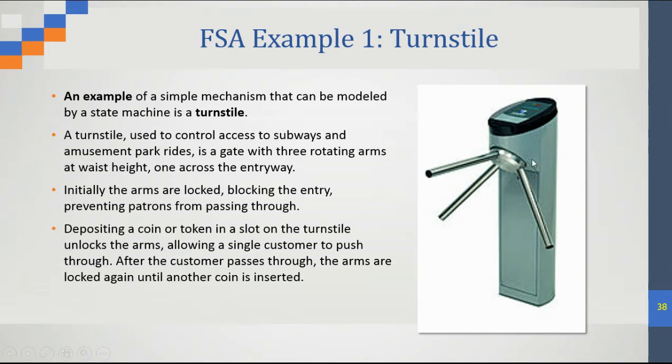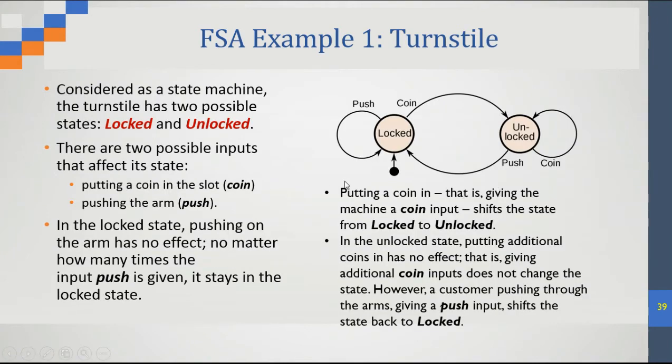Based on our understanding of this machine, the machine has two states, locked and unlocked, and the inputs that change the state of the machine are either push or put the coins. So in this machine we have two inputs: put the coins or push the arms.